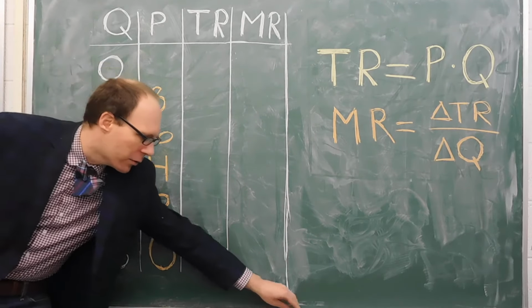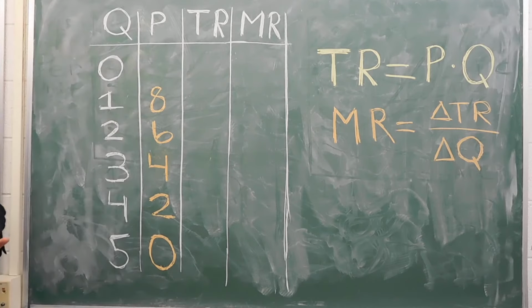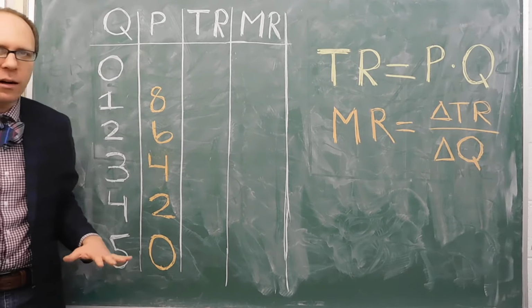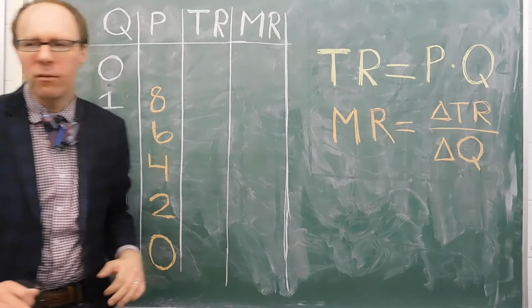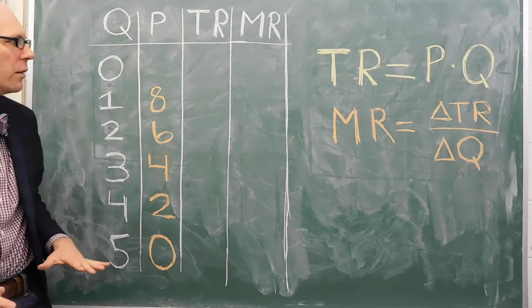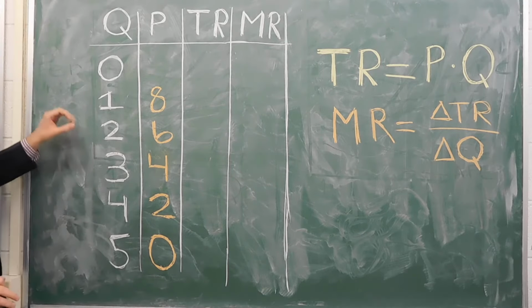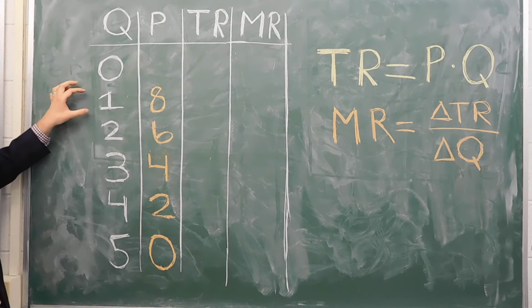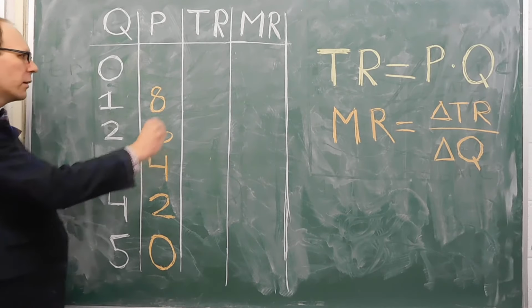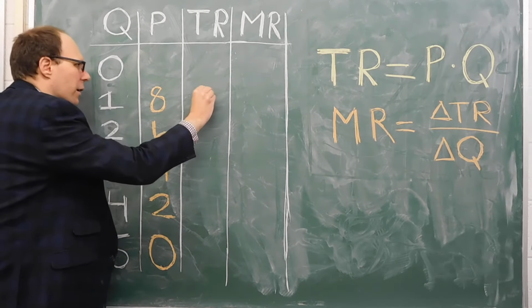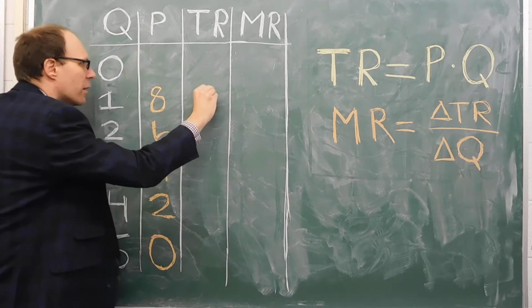That is going to affect their total revenue. Total revenue is always price times quantity when you have the law of one price. So, when you look at the total revenue for selling 1 box of chalk, 1 times 8 is going to give us $8.